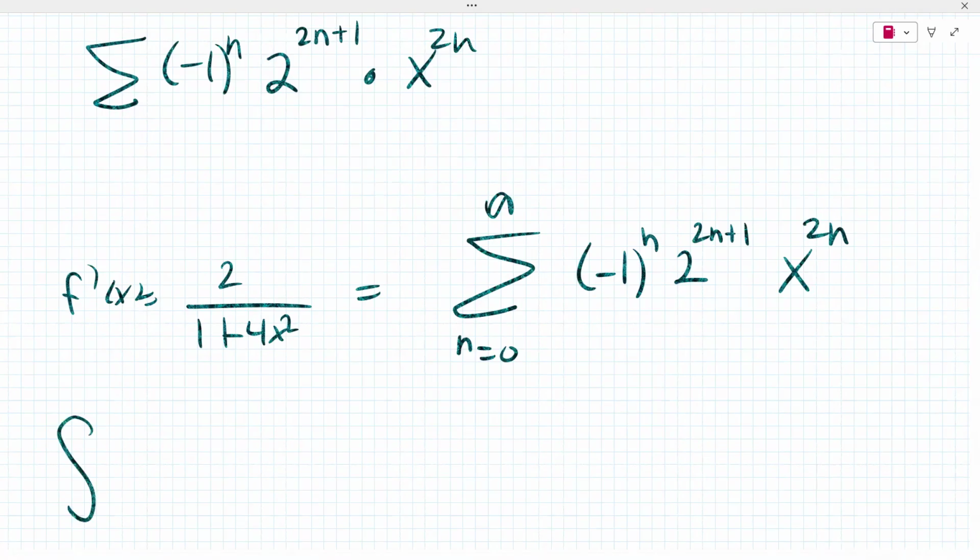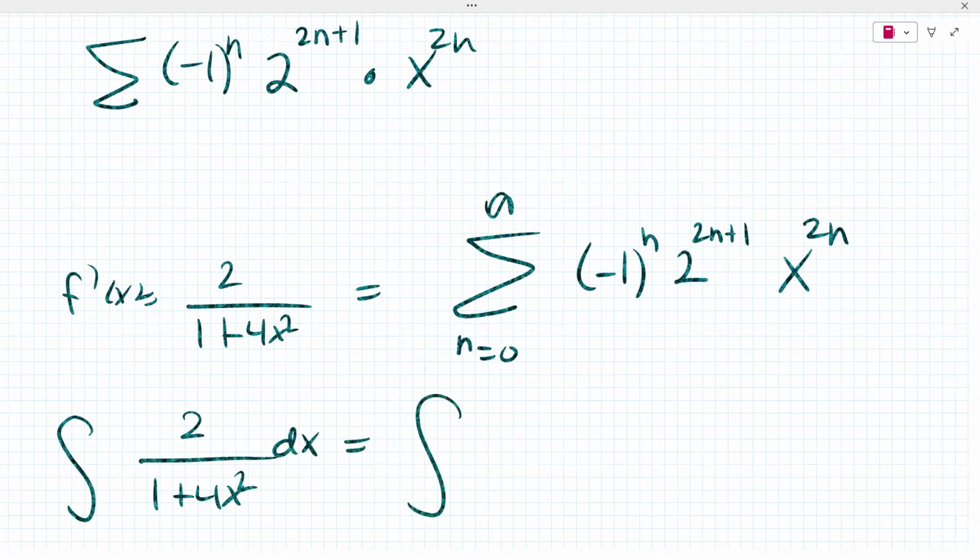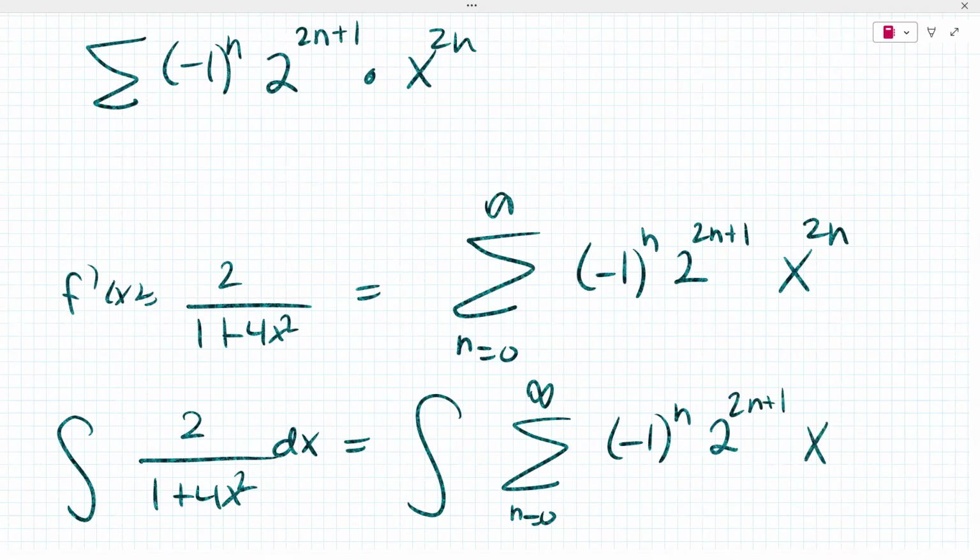So on the left, it would be the integral of 2 over 1 plus 4x squared dx equals the integral of negative 1 raised to the n times 2 to the 2n plus 1 x to the 2n.